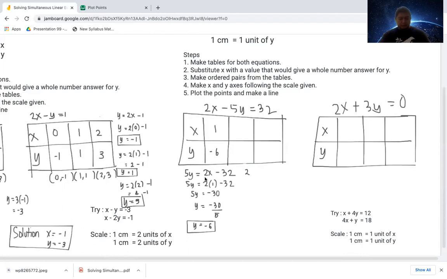So this is going to give us 5y is equivalent to 2 times 6 minus 32. So this is going to give us 12 minus 32, which is 5y is equivalent to negative 20 particularly. And then y now is going to give us a value of negative 4.